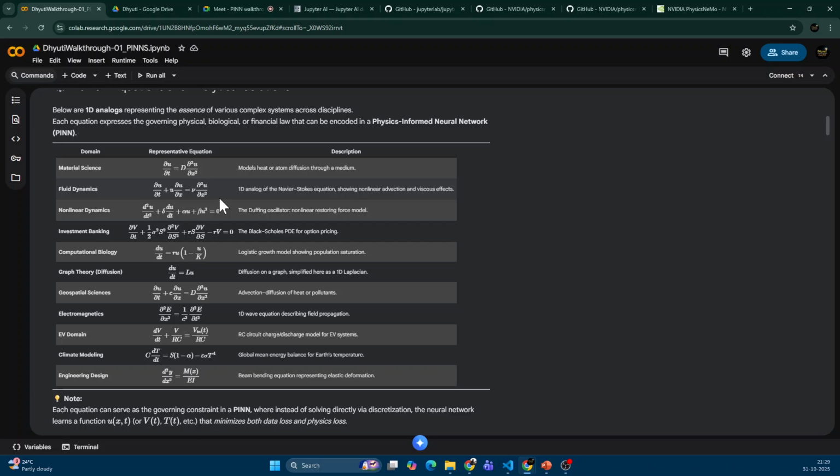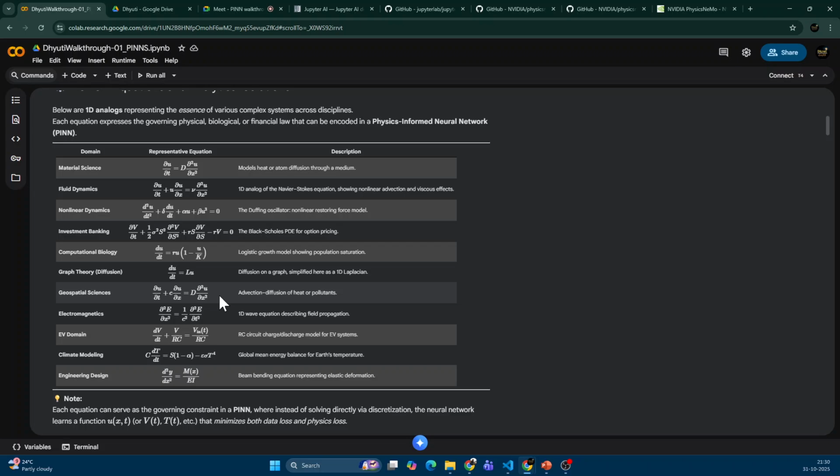Then geospatial, when you have scalars like pollutants or aerosols, how do you model their spread in the atmosphere? And electromagnetics, let's say field propagation, and a 1D analog of it is again a second order partial differential equation.